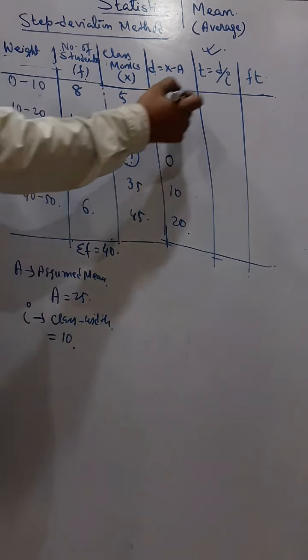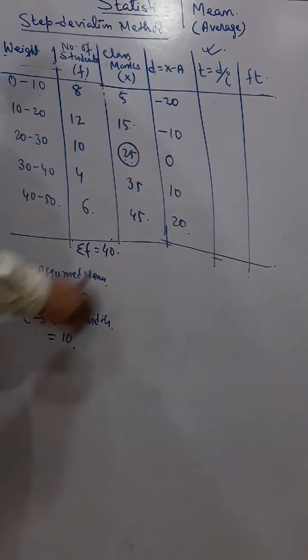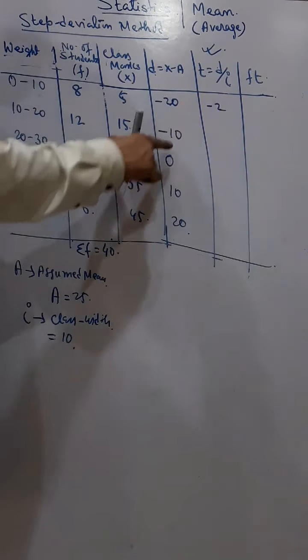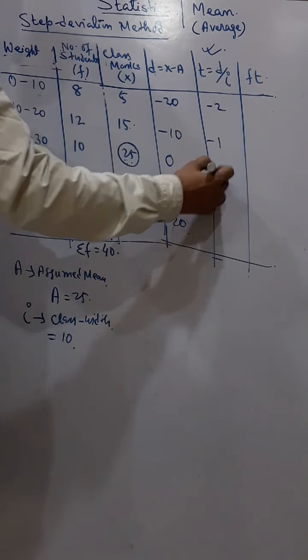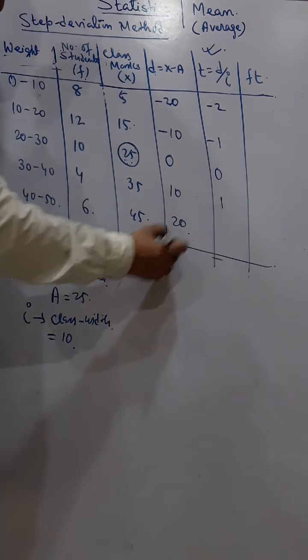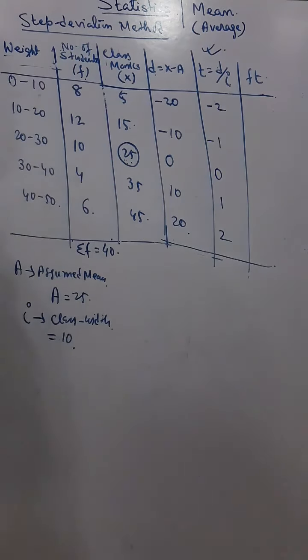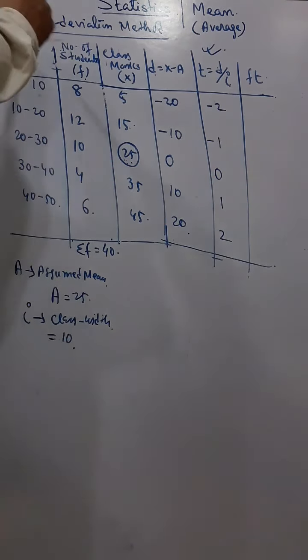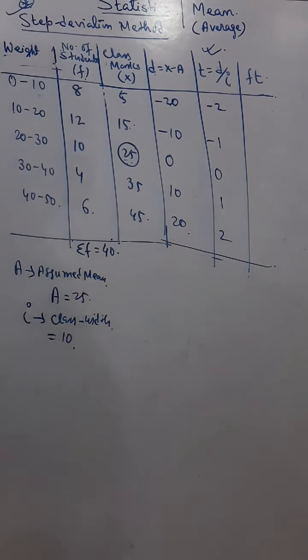Now you can understand when I do D by i, so minus 20 by 10, I get minus 2, then minus 10 by 10, that is minus 1, this will be 0, 10 by 10 will be 1 and 20 by 10 will be 2. Understand? So therefore we should always prefer step deviation.